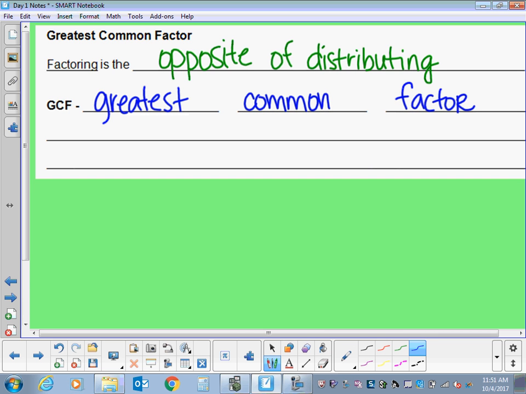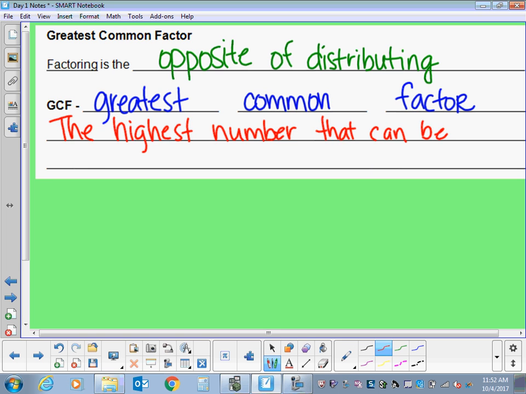All right, so what the greatest common factor tells us is that you're looking for the highest number that can be evenly divided, I say distributed, into two or more numbers.